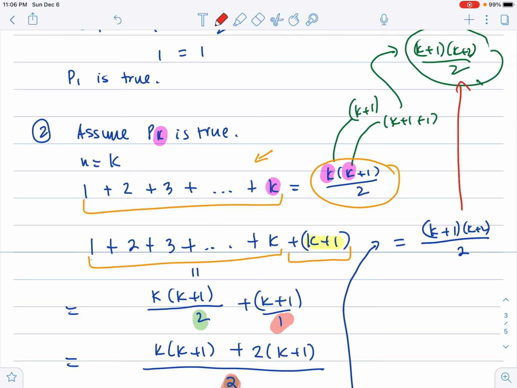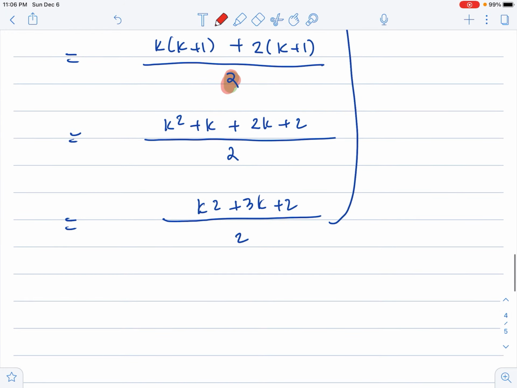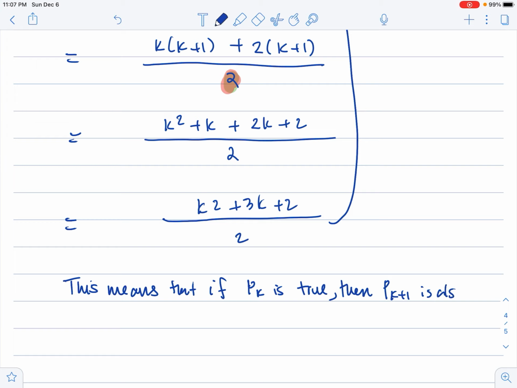Diba yun ang gusto nating mapalabas? So ano nangyari? We assume that p of k is true and we have proved that p sub k plus 1 is true. And ibig sabihin nun, this means that if p sub k is true, then p sub k plus 1 is also true.